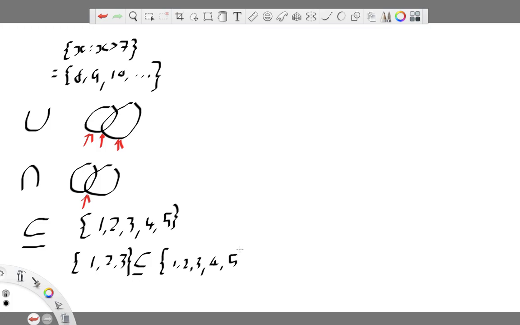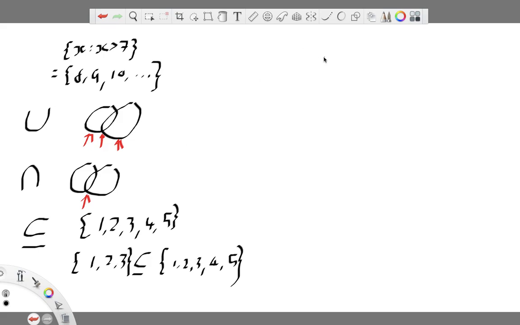What does a subset mean? Well, obviously back from where we did it in the video, it means that it has some of the elements from the original set. So 1, 2, 3 is a subset of 1, 2, 3, 4, 5 because there are some of the elements from that original set there.